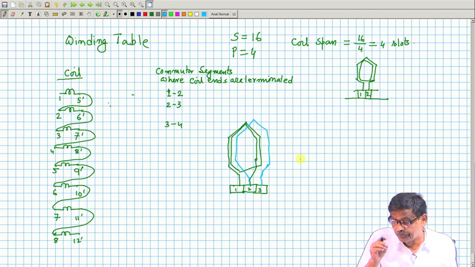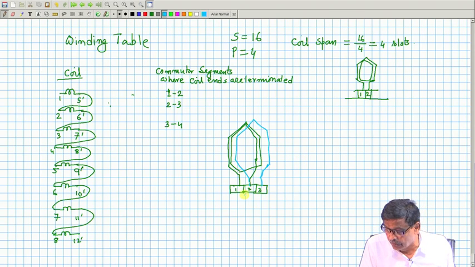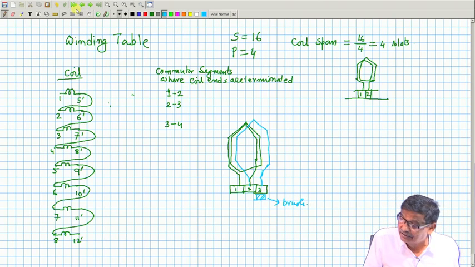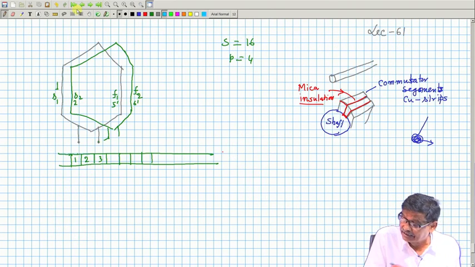Then I have to take carbon brushes, which will not be rotating, and they will touch these commutator segments at the appropriate place. That I will indicate after showing the polarities, next time. This will be the brushes touching. So, in this previous diagram, this will be the commutator segment.